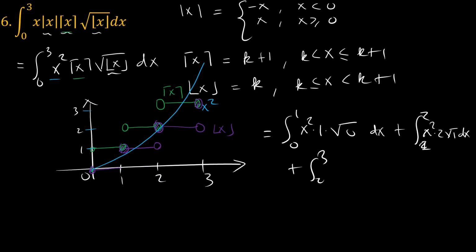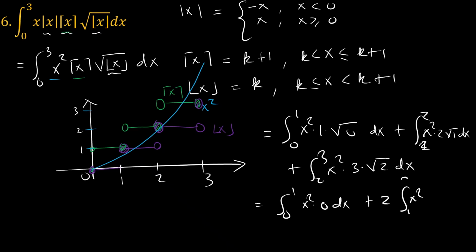Plus from 2 to 3, x squared, ceiling is 3, and then square root of the floor, which is 2. So, from 0 to 1, x squared times 0, plus 2 x squared from 1 to 2, plus 3 root 2 from 2 to 3. So the first part goes to 0.